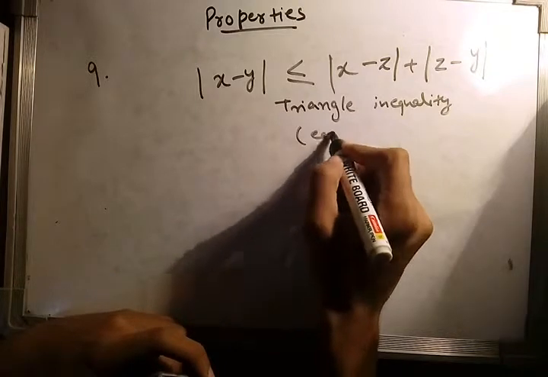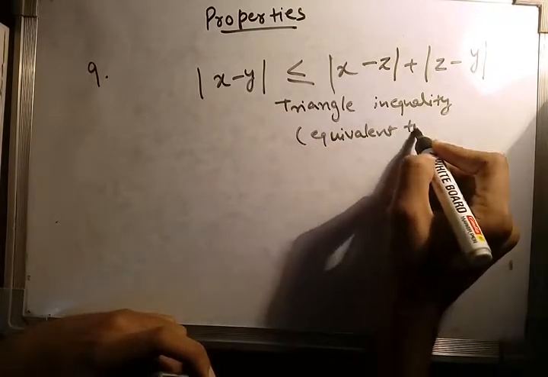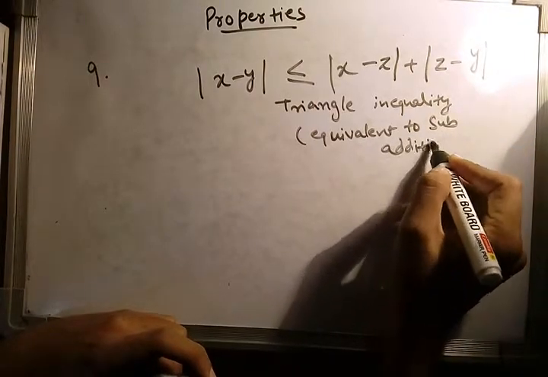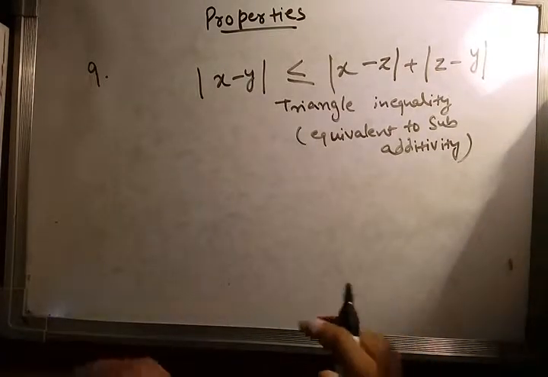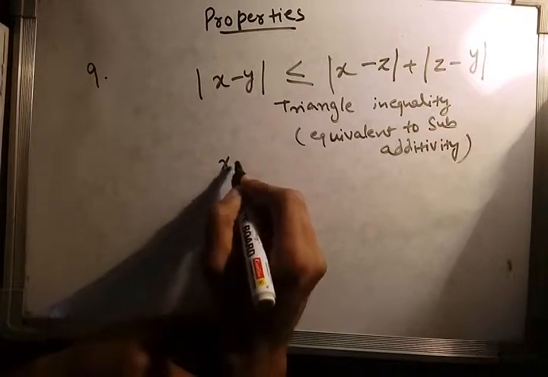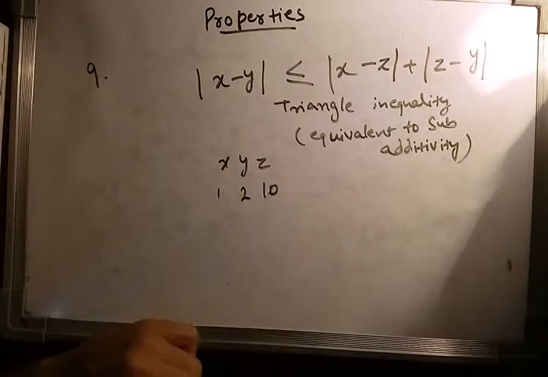This is equivalent to subadditivity. So in this property, let's take three numbers x, y, z to be 1, 2, 10, say.